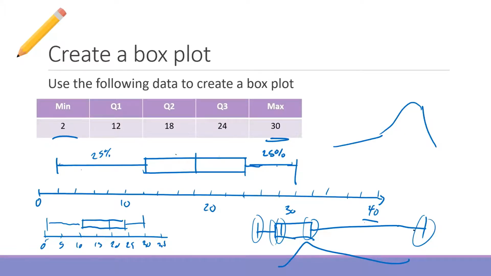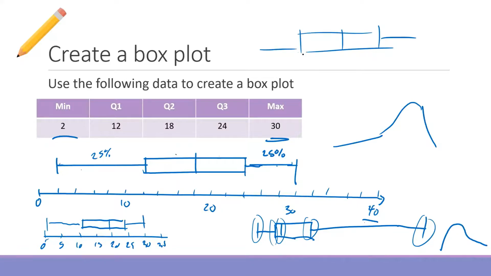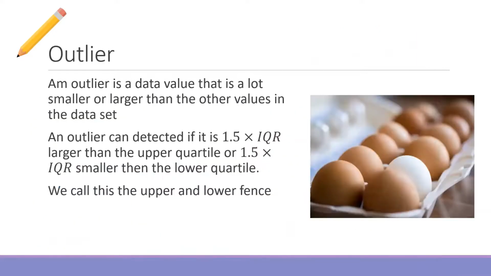So therefore, this data is going to look like this. Now, if you just go, oh, I'm not going to do these to scale, and you just put these numbers here, 2, 12, 18, 24, 30. Yeah, sure, it looks like it's close to a box plot, but because of the scale, you won't be able to get this information here. And that information is going to be important for us later on.